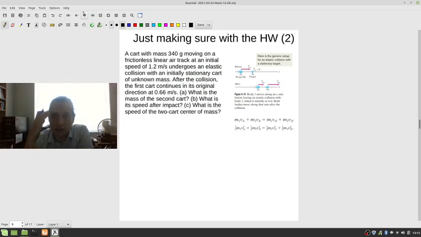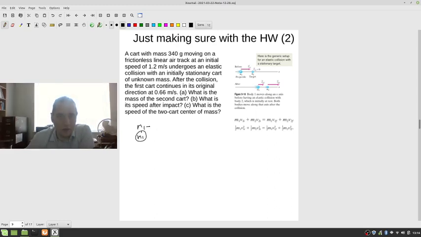Now, let's just take a look at a couple of your homework problems to make sure that you know how to do these. All right, so in this problem, we have a cart with a mass of 340 grams moving on a frictionless linear air track with an initial speed of 1.2 meters per second. Okay, so that's our M1.